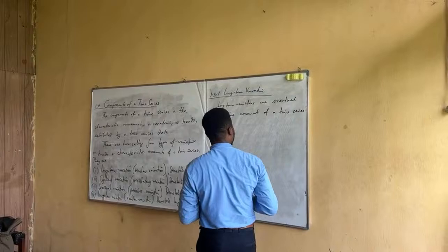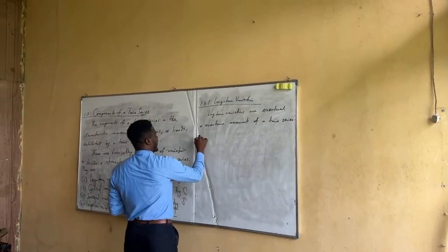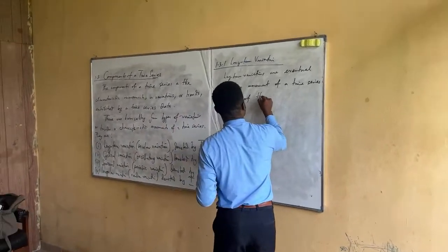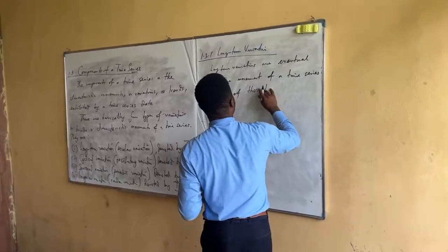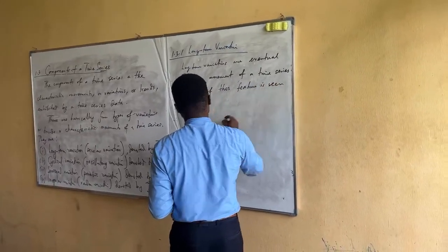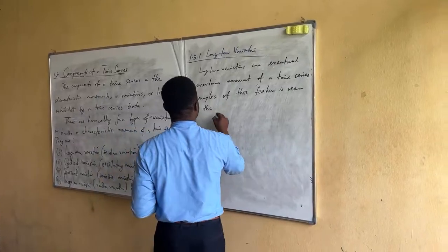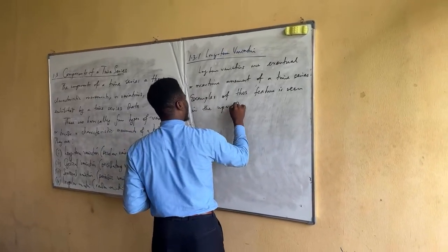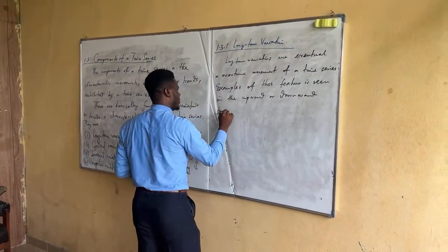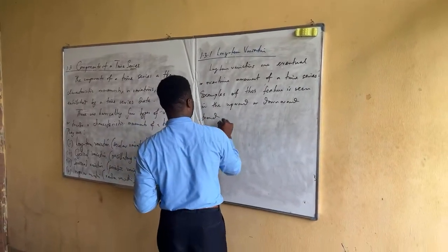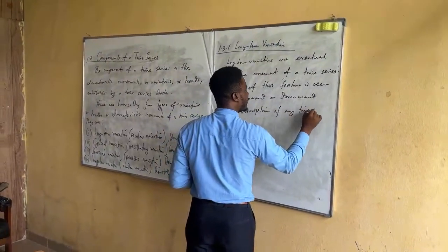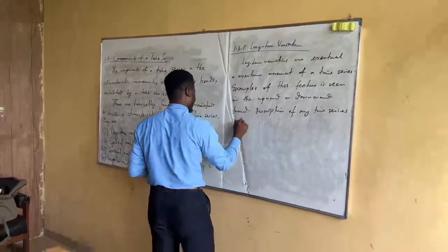Now, examples of this trend, this feature, is seen in the upward or downward trend description of any time series data.